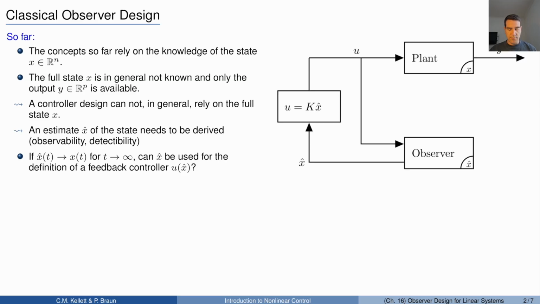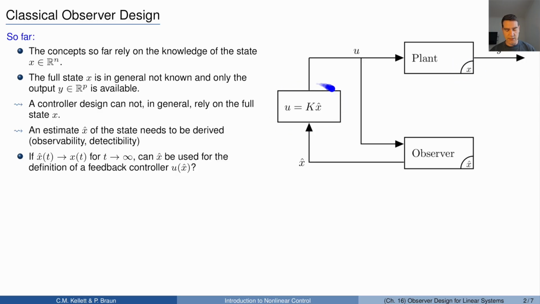To make a very simple example and to get started, the setting we're going to look at is the setting visualized over here, where we have a plant with a given input, given output, with internal state x.